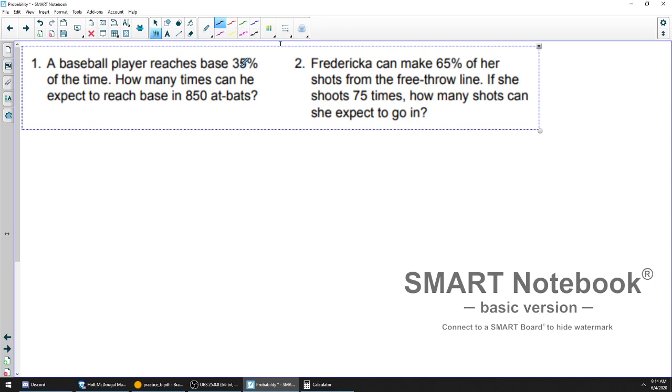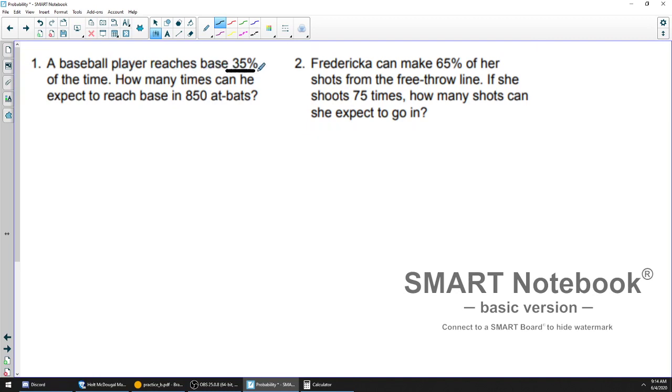Now we're going to use our experimental probability to predict what are the possible outcomes. So a baseball player reaches base 35% of the time.